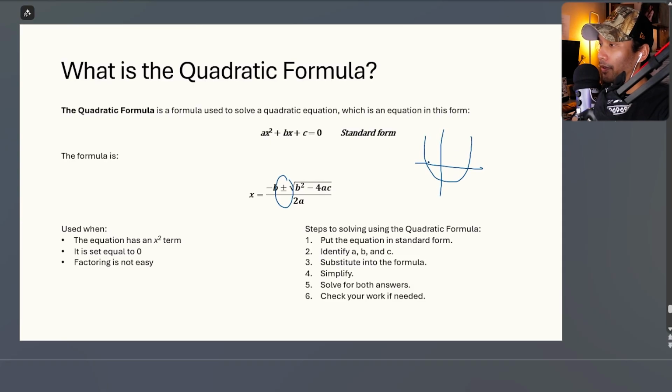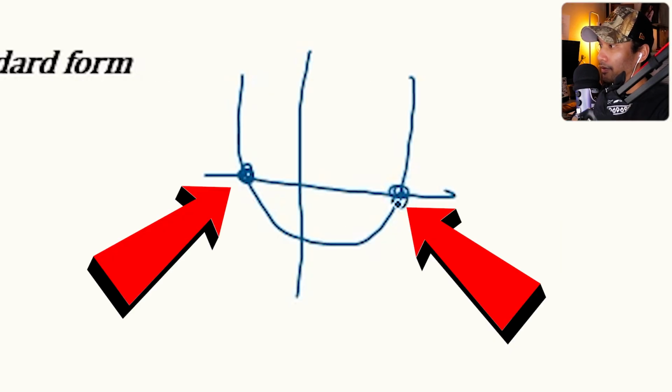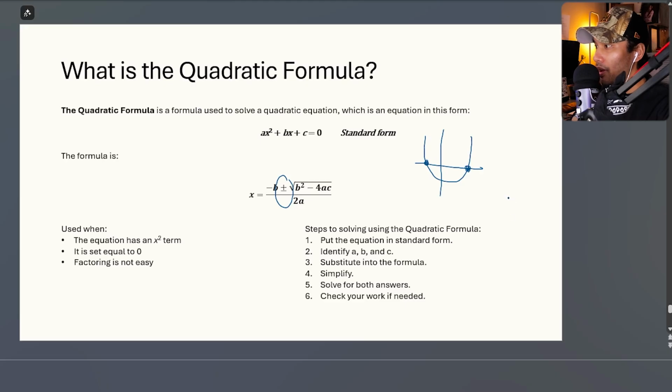So we are solving for these right here. Sometimes you will have a parabola that doesn't touch, but we're not going to go over that. I'm not going to go over those definitions either. So right now, we're focusing on equations like this, and we're not going to graph. That is also another video.